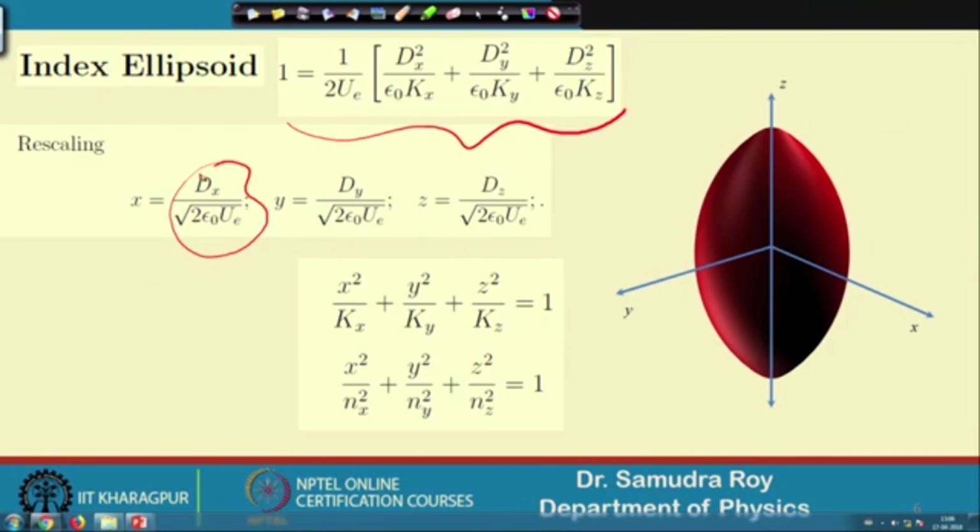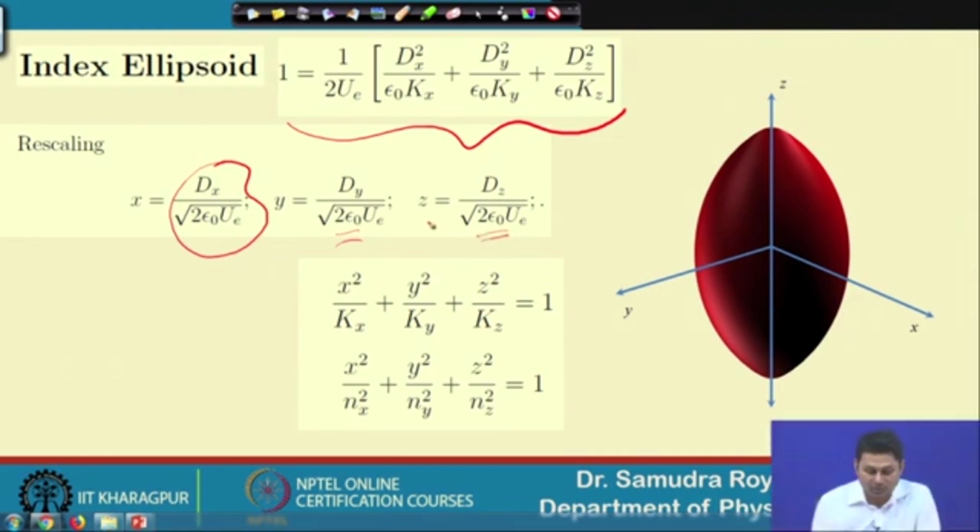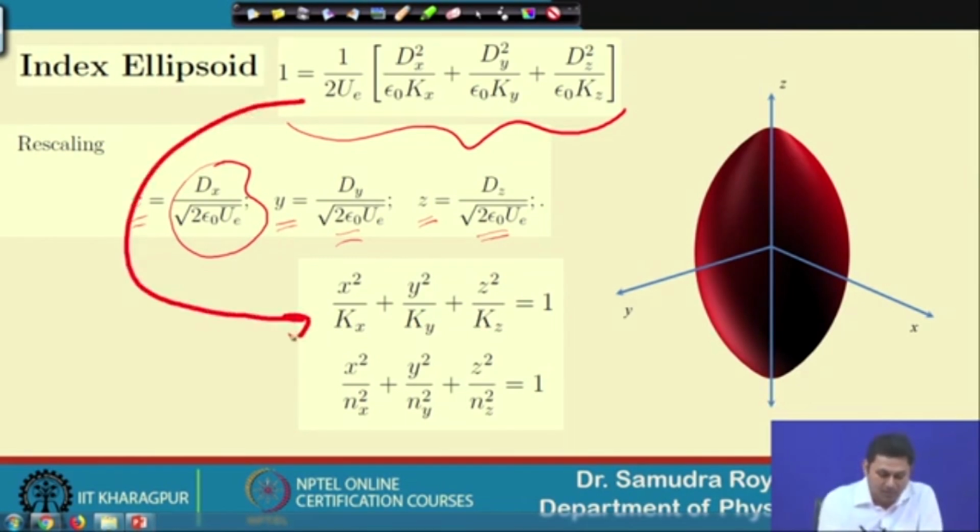So, my x is equal to Dx divided by root over 2 epsilon 0 Ue, y is Dy divided by this quantity and z is Dz divided by this quantity. If I write in terms of x, y and z, then after rescaling we have the same equation in this form. So, try to understand that we have an equation, and from that I can change it in terms of x, y, z, and this is called rescaling.